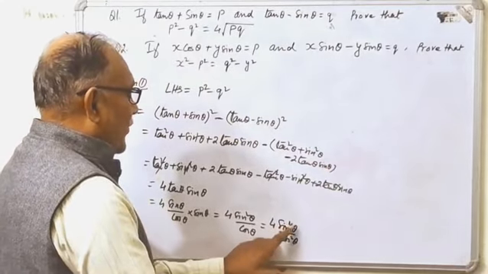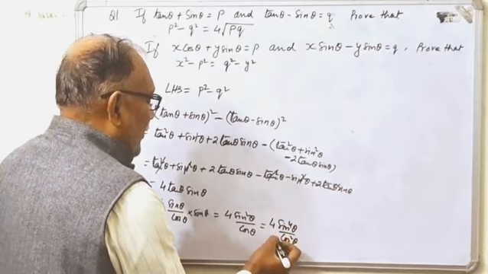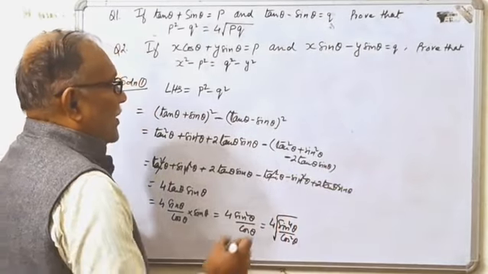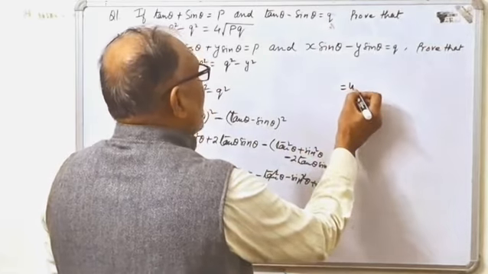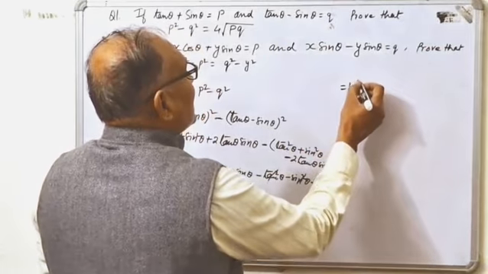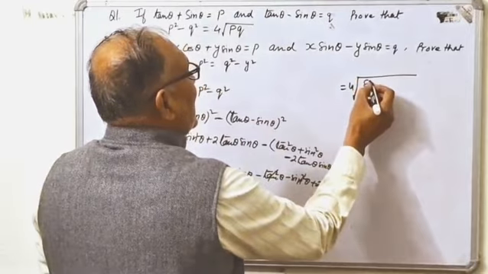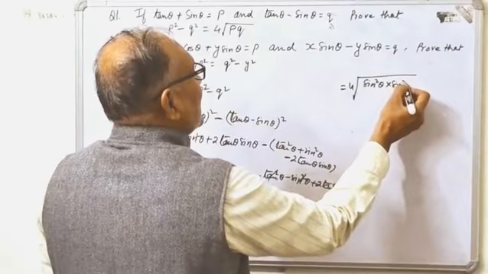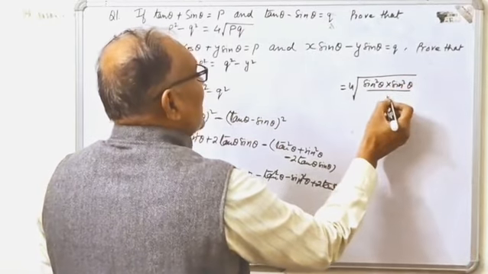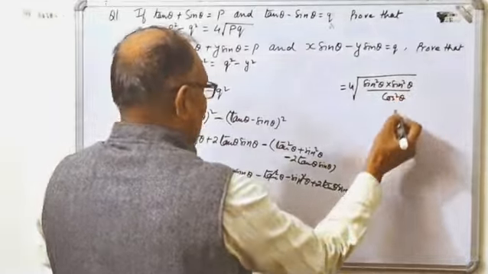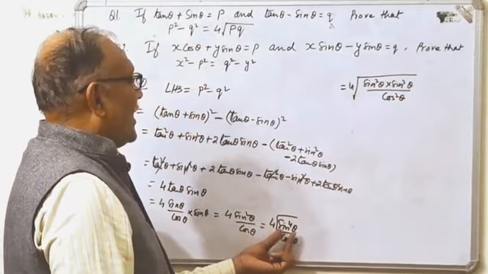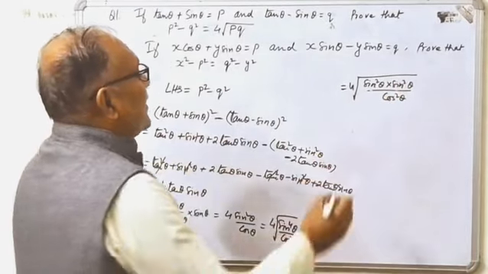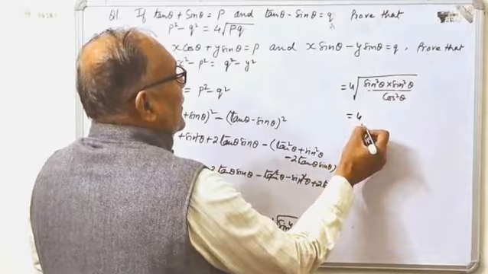Now to balance sin 4 theta upon cos square theta, we have to put the whole thing under square root, which is equal to 4 sin square theta into sin square theta upon cos square theta, breaking sin 4 theta into sin square theta into sin square theta upon cos square theta.